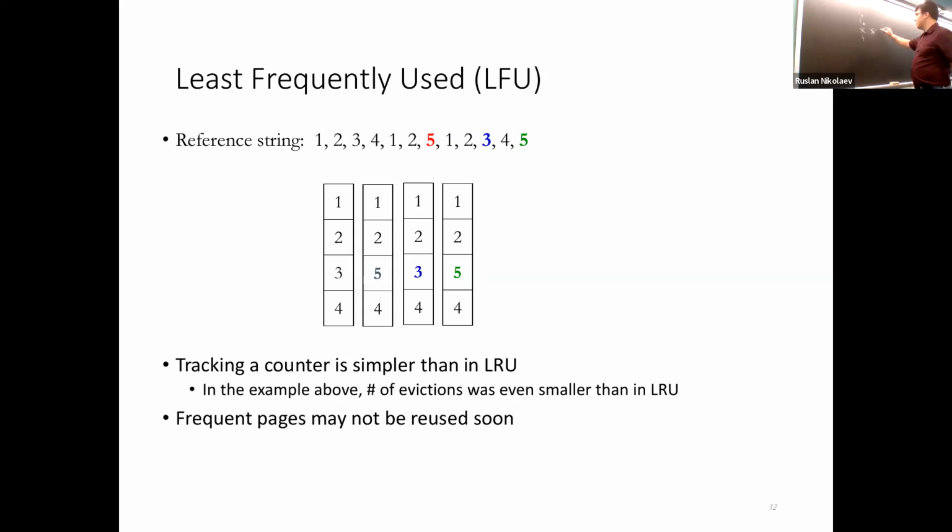We bring 3 again. Then we have 4 and 5. Okay, 4 now is going to be 2. And then we finally get 5. Again, we need to kick out 3 because that's least frequently used.